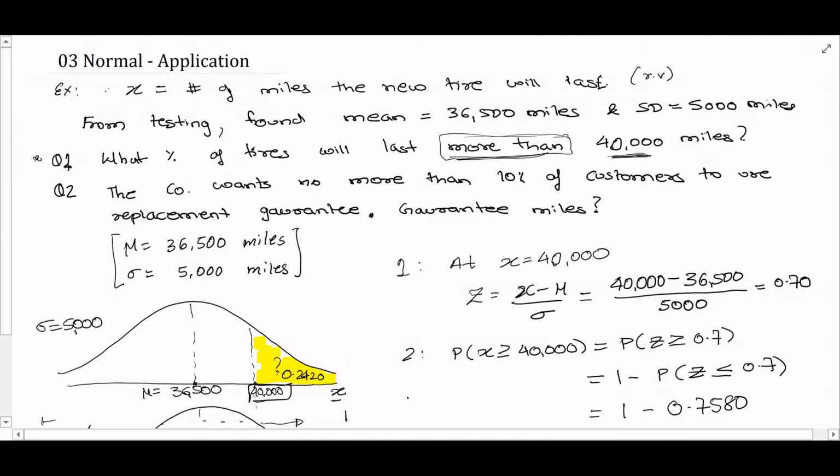So this area is 0.2420. The second kind of question that one might be interested in, in the tire example, is that the company wants to offer a replacement guarantee to all the customers, but at the same time the company does not want more than 10% of the customers to benefit from this guarantee.